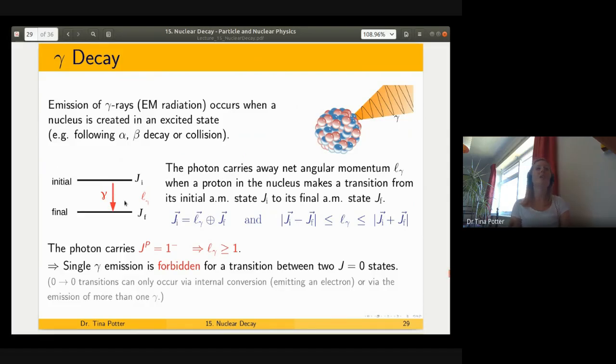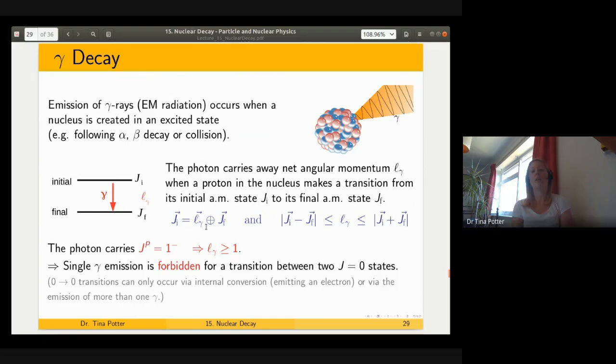Now, these are bosons. We're not dealing with fermions anymore. They are spin 1. They're going to carry away some net angular momentum, so there's going to be some change here in J. Our photon, as we've already said in part of the particle course, is spin 1 and negative parity.